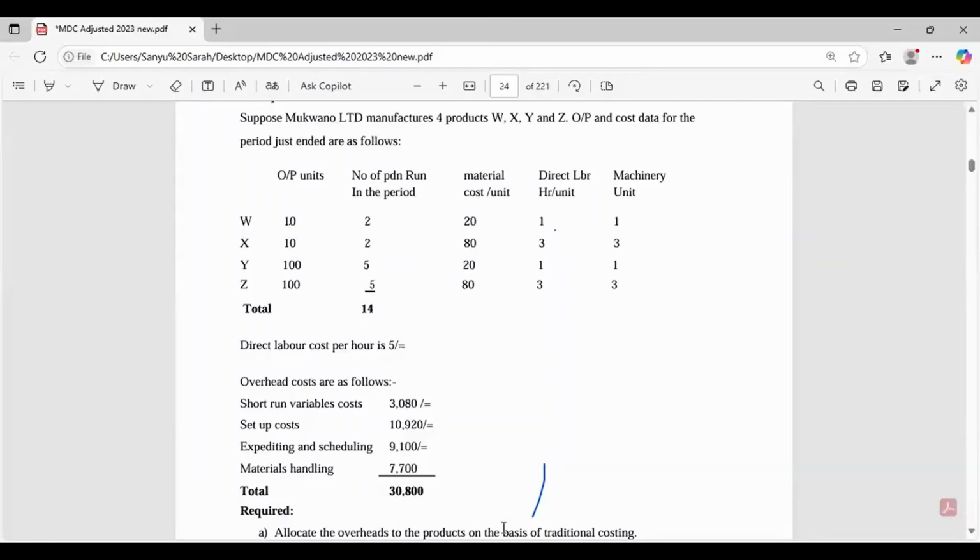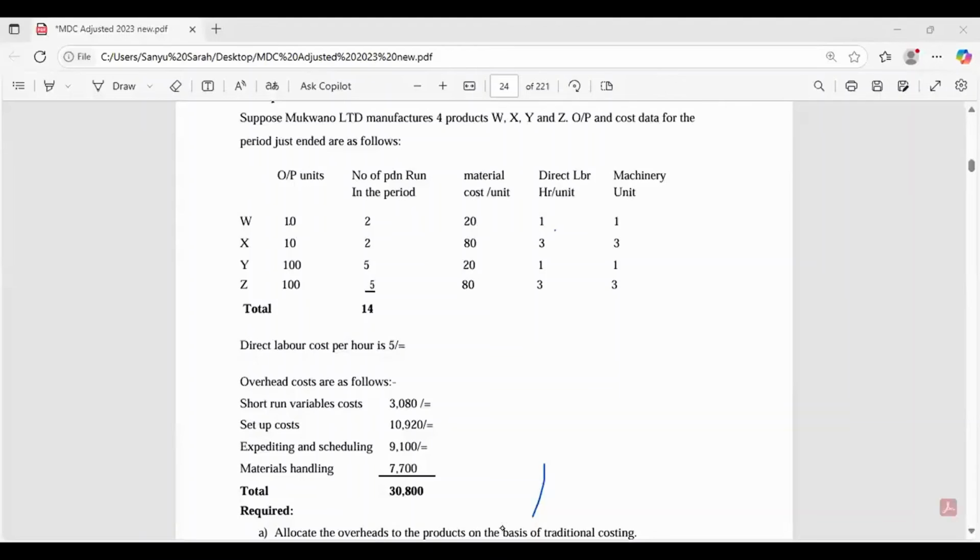But which cost driver relates to labor? It is labor hours. Because the more labor hours you use, the more of these variable costs you are going to incur, like labor and materials. So meaning that the cost driver here is going to be labor hours.